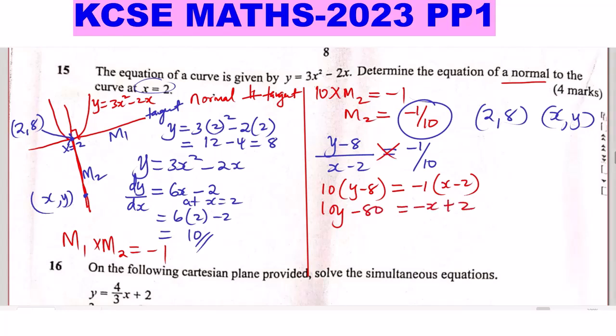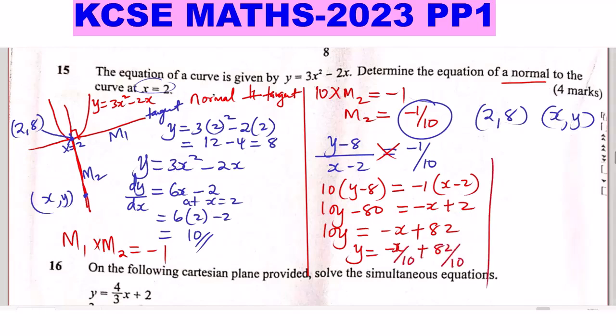So I want to express it in the form y equals mx plus c. So 10y is equal to -x plus, I add 80 on both sides to eliminate it on the left hand side. I'll get 82. So divide everything by 10. So y is equal to -x/10 plus 82/10.